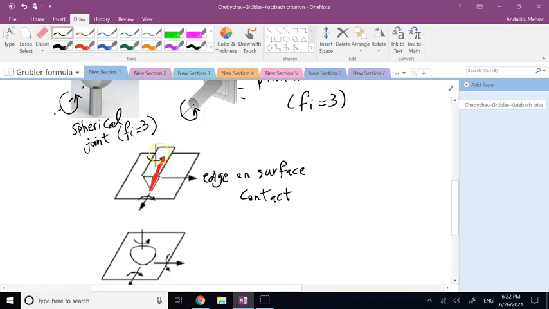And because of that, what you can do is actually a rotation about the axis perpendicular to the plane, this rotation. You can move along this axis, you can move along this axis. You cannot go up because the edge contact with the surface is going to go away.